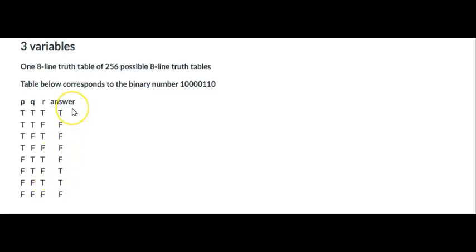And then a possible answer is, I just picked one arbitrarily, true, false, false, false, false, true, true, false, which corresponds to the binary number 10000110, where we just go in the vertical here and we turn it into a linear line of 1s and 0s.